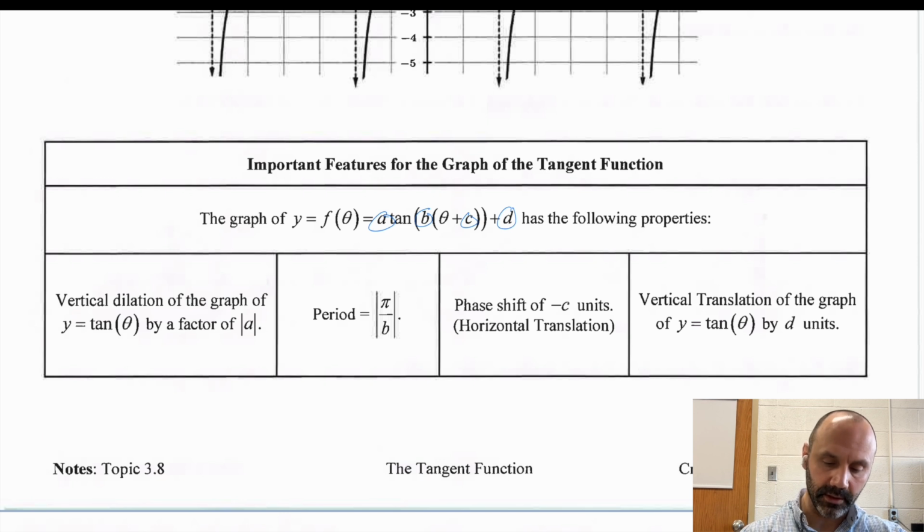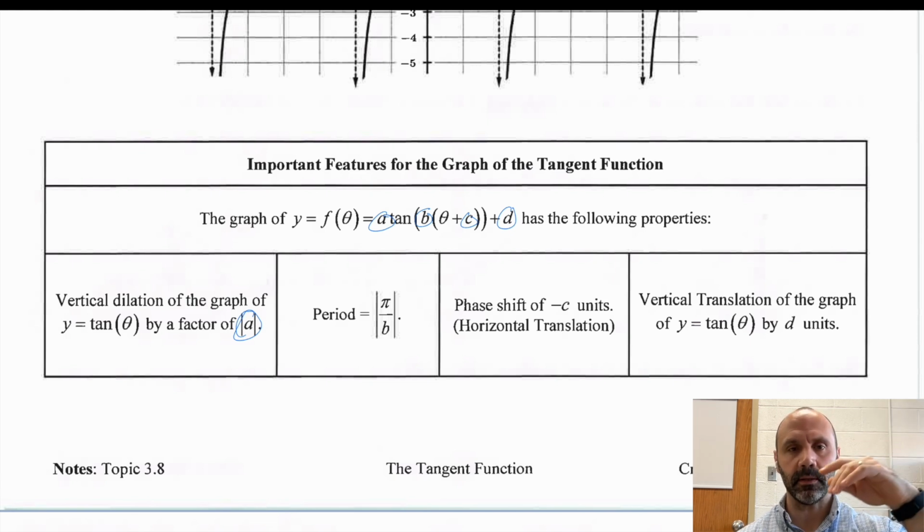And so the vertical dilation is A. You can think of A as the amplitude, except it's not really the amplitude because it's not only going that high. But when we have tangent of pi over 4, we know that should equal 1. So we're going to use that as our key to understanding whether or not there's been vertical dilation.